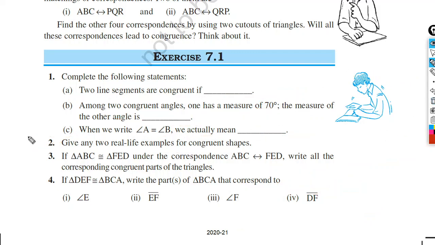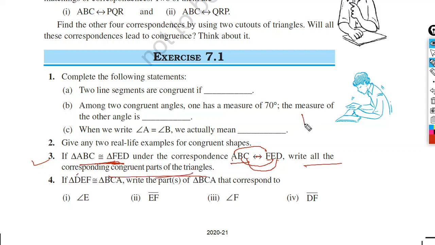Now we will move to question number 3. If triangle ABC is congruent to triangle FED under the correspondence ABC corresponding to FED, that means look at it. A is corresponding to F, B is corresponding to E, and C is corresponding to D. Write all the corresponding congruent parts of the triangle. Very nice.